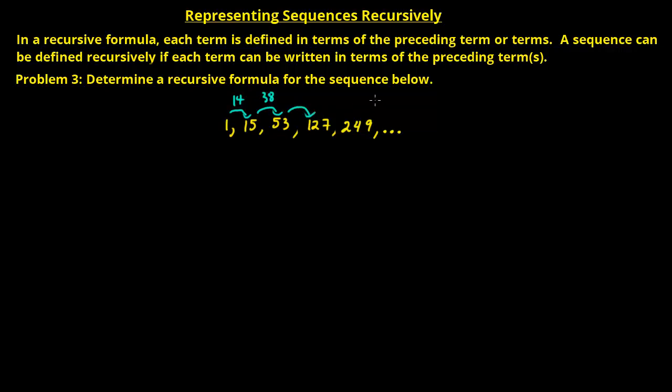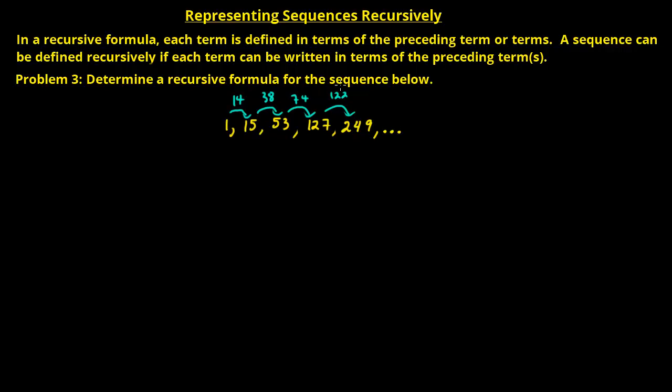And 127 minus 53 is 74. 249 minus 127 is 122. Okay, so between the differences between terms, it's still hard to find a pattern.